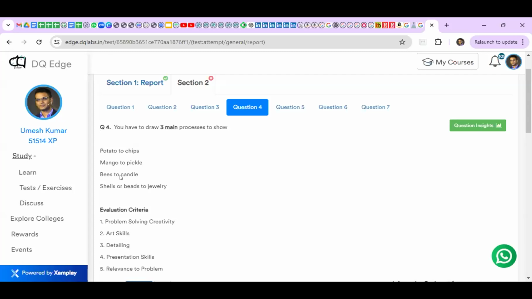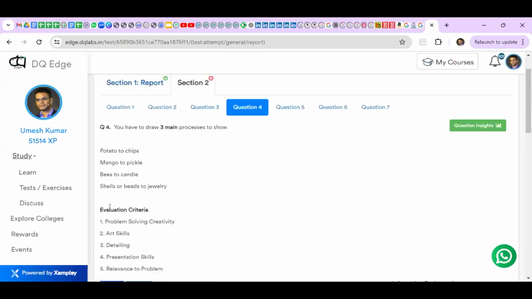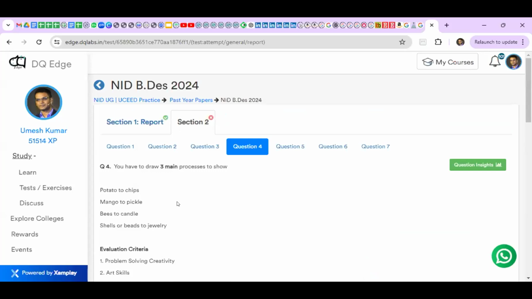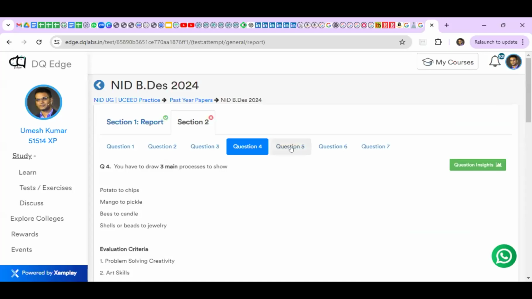This is a very interesting question. It assesses your observation of your environment, your curiosity, your imagination. This is for 20 marks, so it is a very important question. You have to literally draw and show the process.